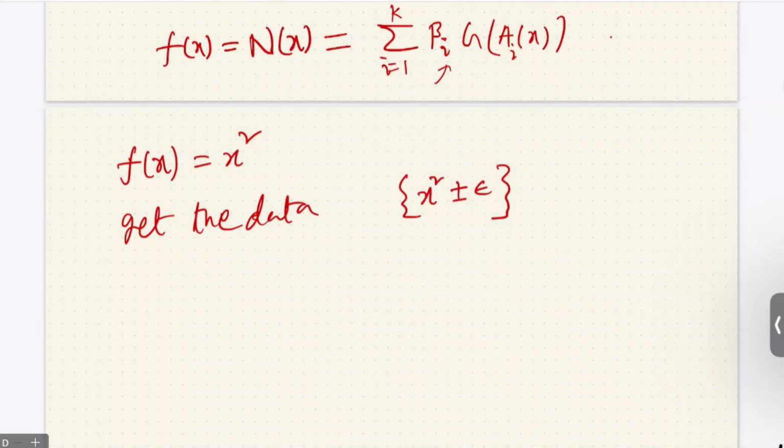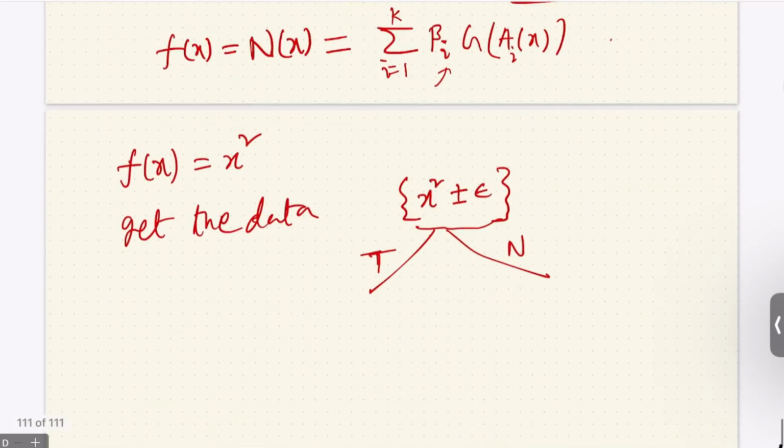Now use that entire data to do Taylor and to do the sigma nets, to get these coefficients: the a_i coefficients for Taylor, and the weights involved for the neural network.